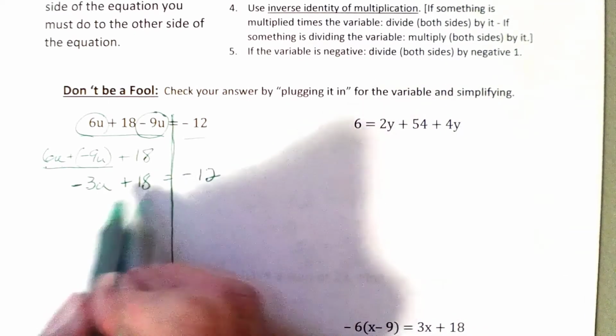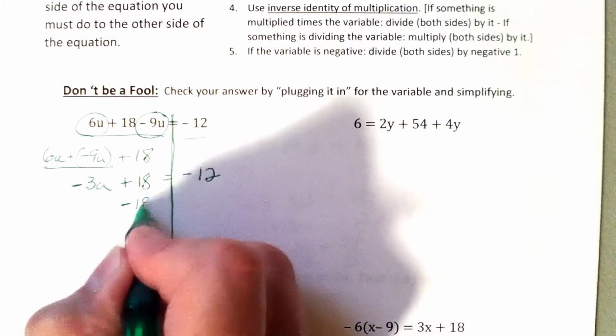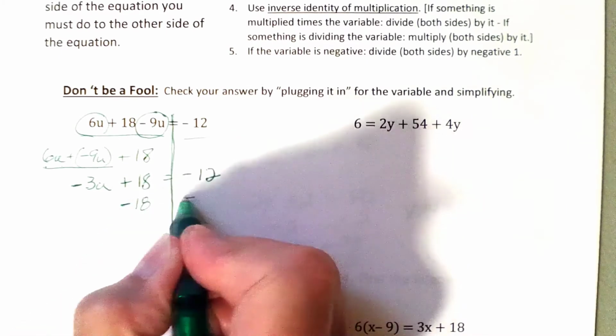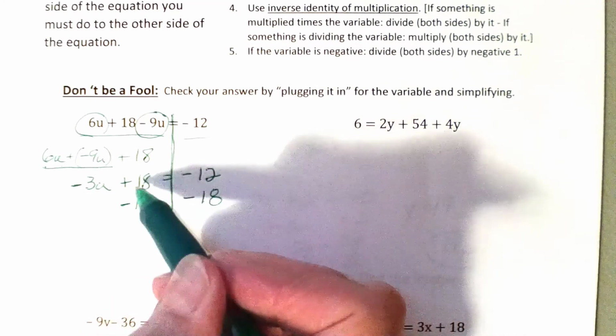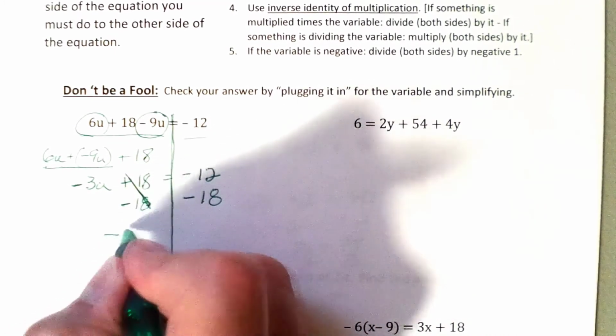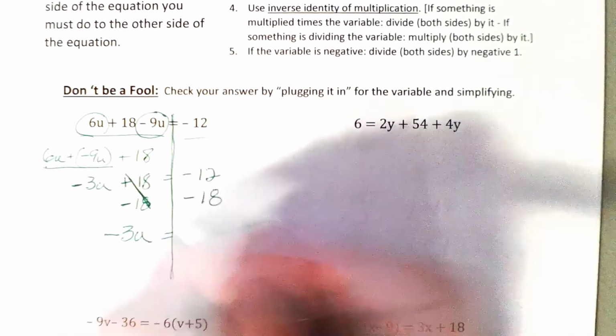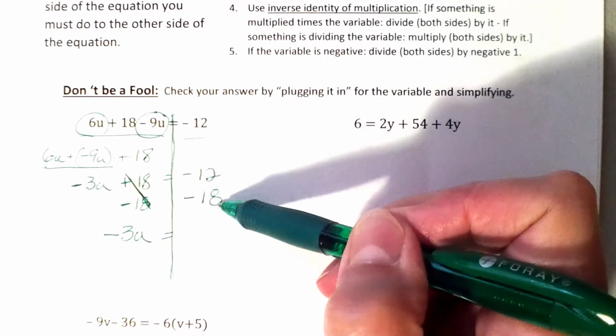So instead of adding 18 to this, I'm going to get rid of it. I'm going to turn it into 0 by subtracting 18. If I subtract 18 here, I have to subtract 18 here. Positive 18, negative 18, that becomes a 0. So I basically have negative 3u plus 0, but I don't write the 0. Equals, I have negative 12 minus 18.